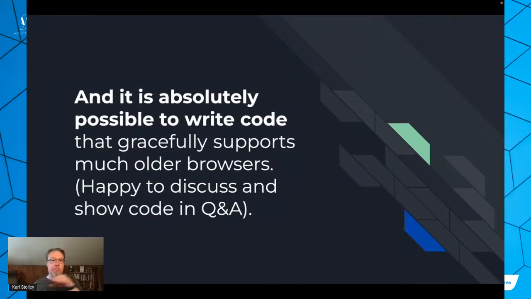We start with our baseline level of support, and of course, the more ancient we can go in terms of our baseline support, the better, because again, you're talking larger market share, wider support, and then of course we build up so that the very latest browsers with the very best and latest implementations are also being served from the same code base, and we're not doing a bunch of user agent string sniffing and stuff like that to try to hack around it. So I'm happy to discuss that and show code in the Q&A if there's interest.